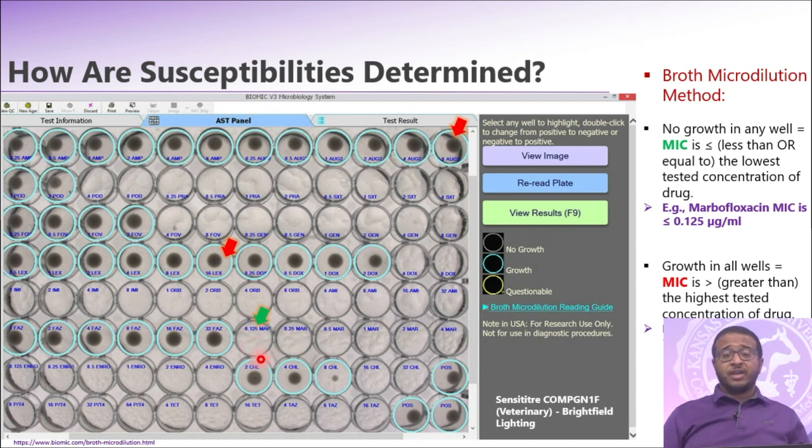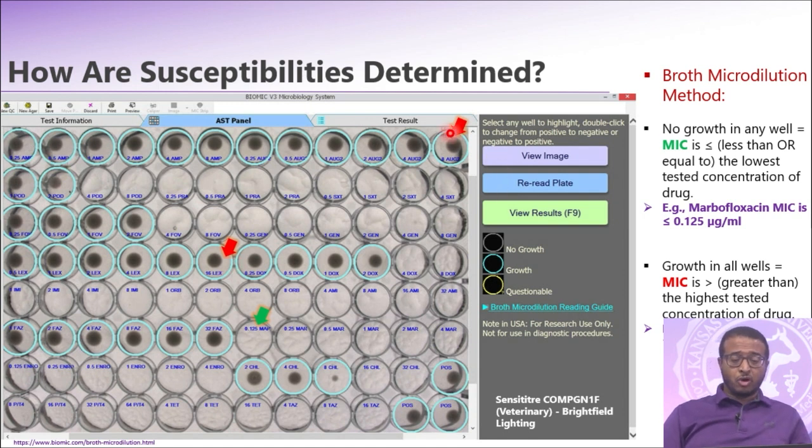If there is growth in all the wells, from the lowest to the highest concentration, then the MIC will be greater than the highest tested concentration, as we see here for cephalexin. There is growth up to 16 micrograms per mL, which makes the MIC greater than 16.